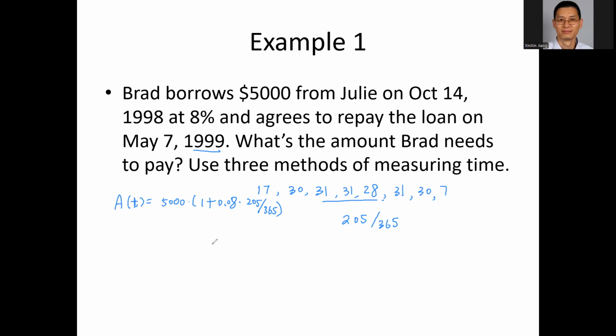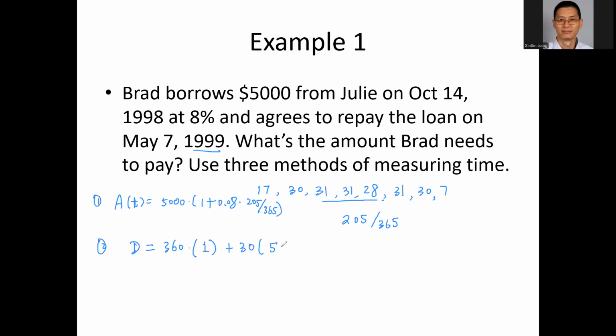And the second one, we need to figure out the days following the formula. For the second one, days equals 360 times 1999 minus 1998, that's 1. And then you plus 30 days per month, assuming each month is 30 days.